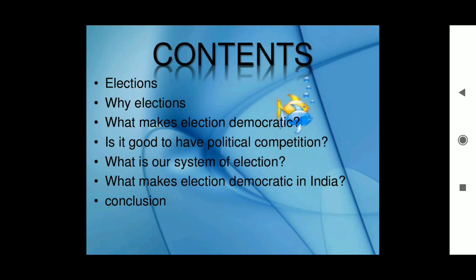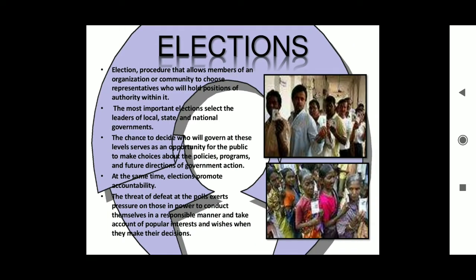So we shall start with elections. Election is a procedure that allows members of an organization or community to choose representatives who will hold positions and offices of authority within a body politic.